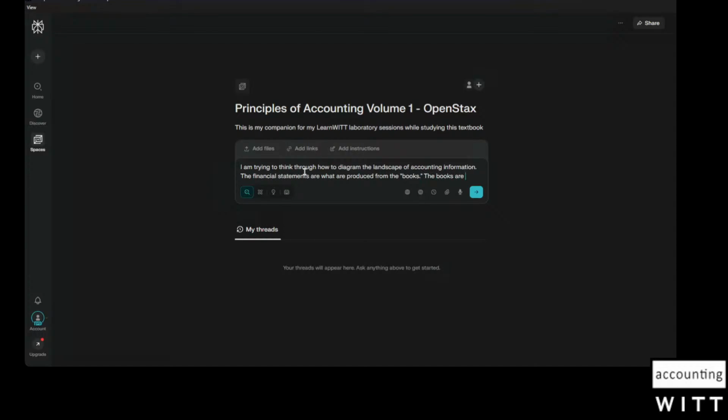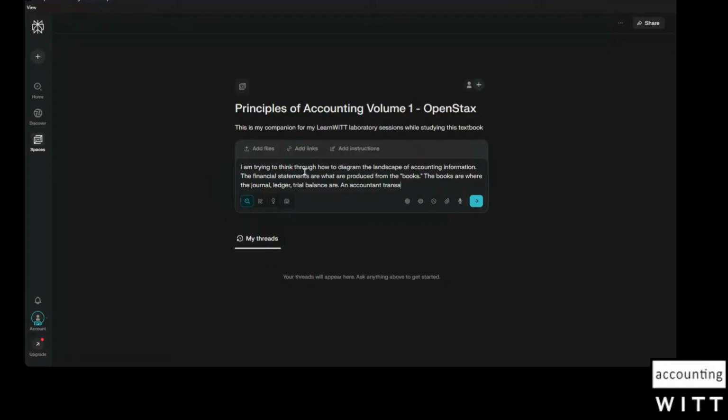The books are where the journal, ledger, trial balance are. An accountant translates activity, so transactional analysis, into accounting entries.